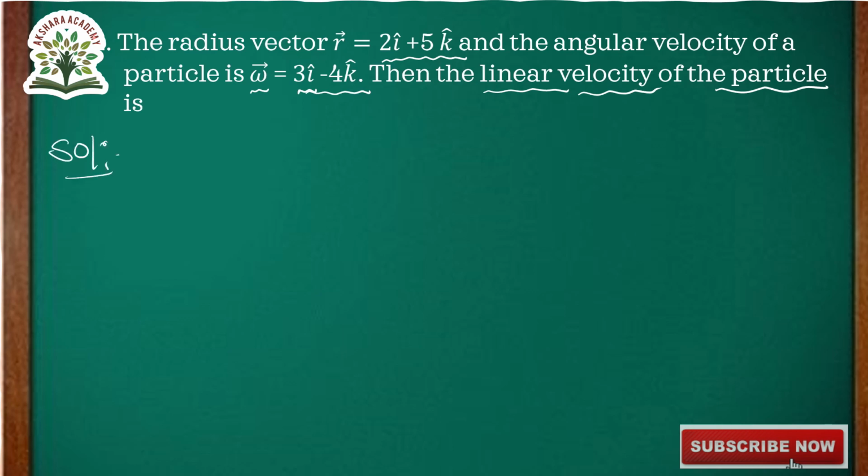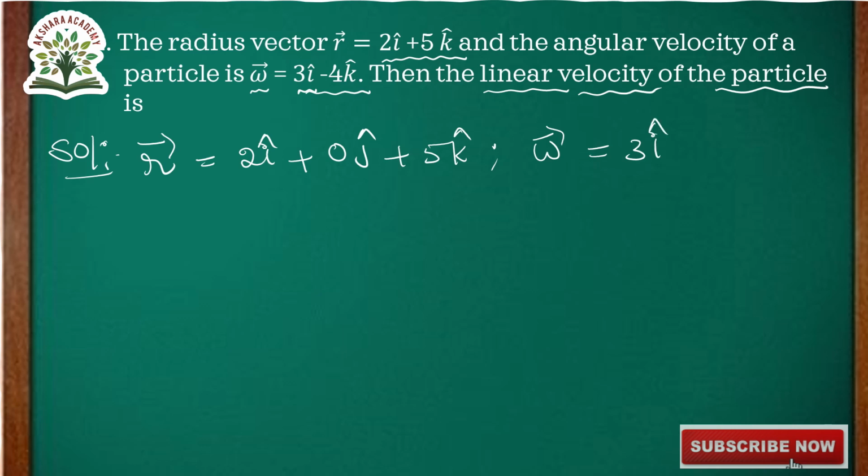Here given r bar is equal to 2i cap plus, here there is no component of j, so you can write 0 j cap plus 5k cap, and omega bar is given as 3i cap, here there is no j, so that's why we write 0 j cap minus 4k cap.